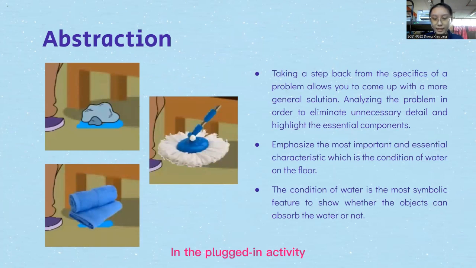So in the plug-in activity, I emphasize the most important and essential characteristic, which is the condition of water on the floor. This is because the condition of water is the most symbolic feature to show whether the objects can absorb water or not.